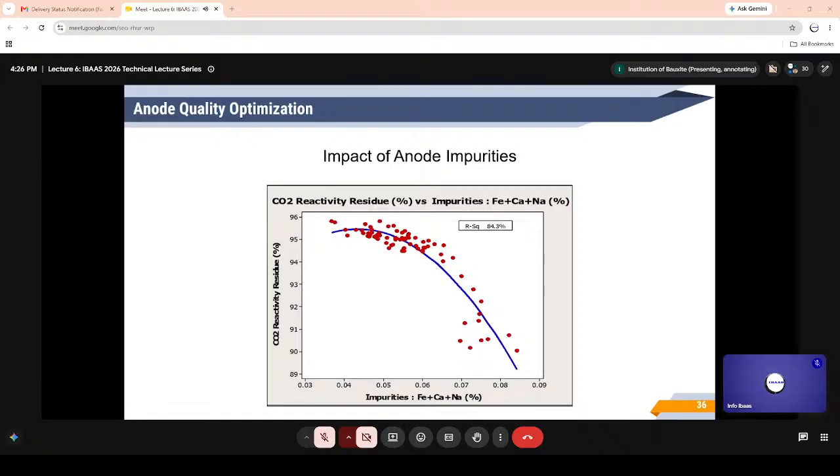The figure shows there is a sharp drop in CO2 reactivity residue when the impurity content exceeds 0.065%. Sodium has highest influence and acts as a catalyst for the Boudouard reaction at 960 degrees centigrade. The sodium is contributed mainly by the recycled butts. Bath cleaning of butts in rodding shops has a big impact on anode reactivity.